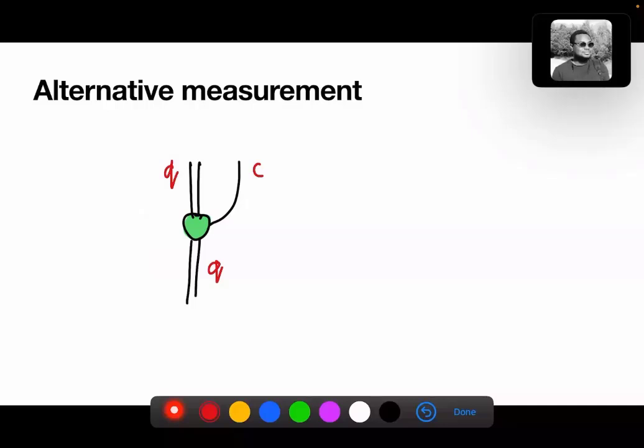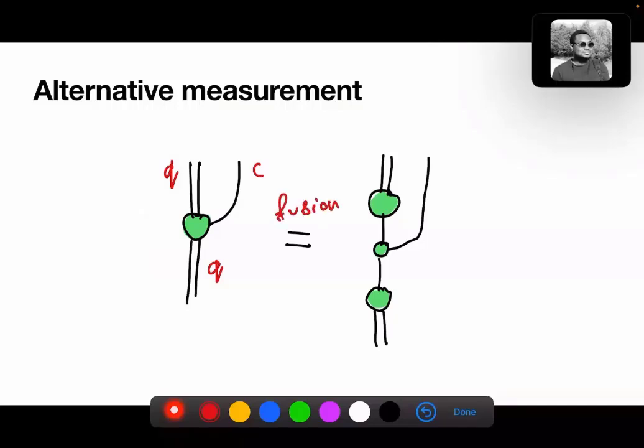And if you remember correctly, we had a rule called fusion that you can use to even unfuse spiders. So in this case, this was a fusion rule, right? You could fuse it back. And this is completely fine. So what we did is we had some quantum information.